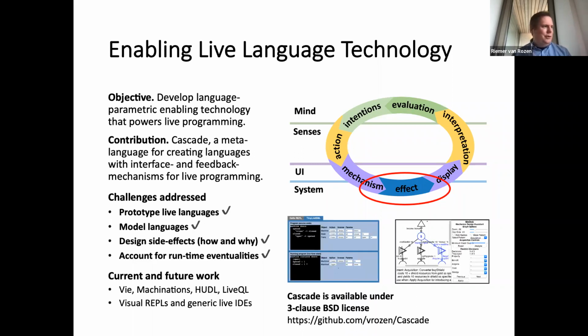So what I have shown you is the little game engine V, which includes machinations, the heads-up display language. But there is another language that has similar side effects, which is LiveQL. Thijs van der Storm developed a questionnaire language for the Language Workbench Challenge, and he created a live version of it.